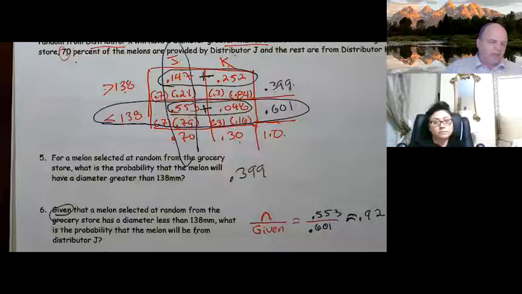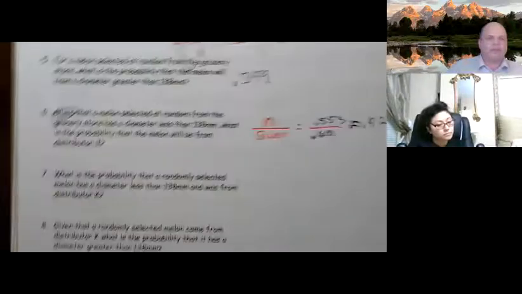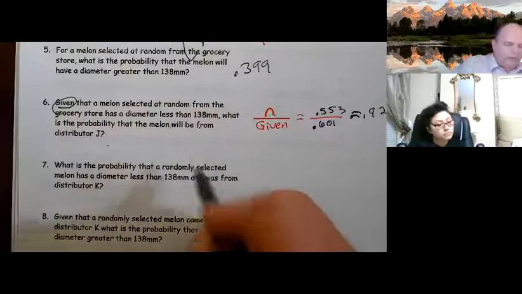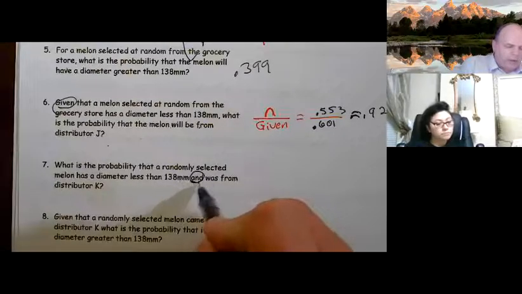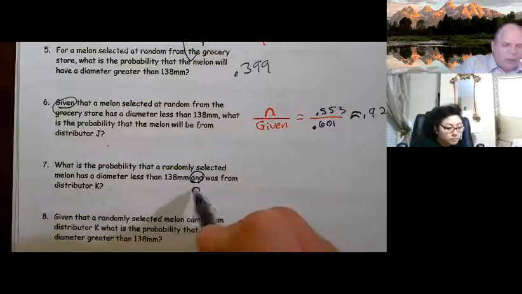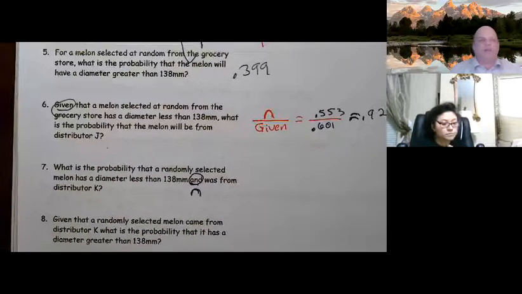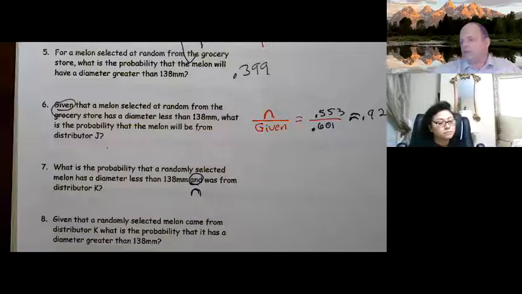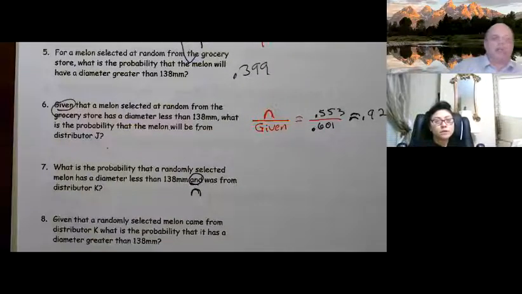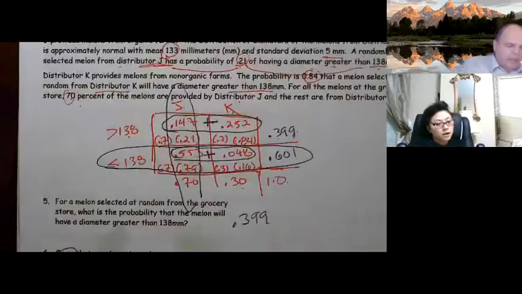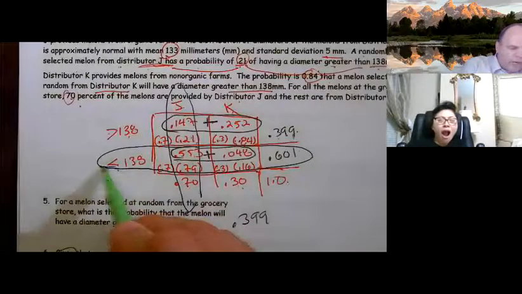What is the probability that a randomly selected melon has a diameter less than 138 and was from distributor K? And means intersection. So we're looking for the intersection, but this time based on less than 138 and distributor K. By the way, this is out of the entire population.